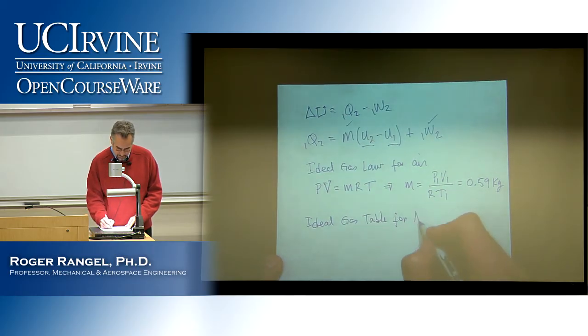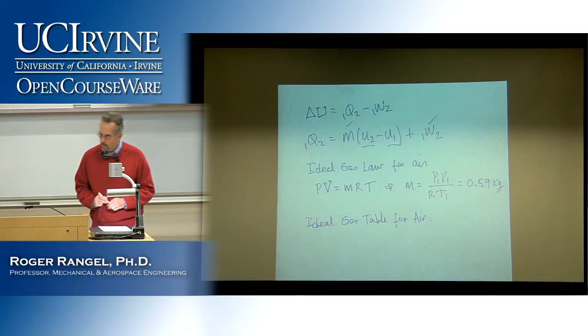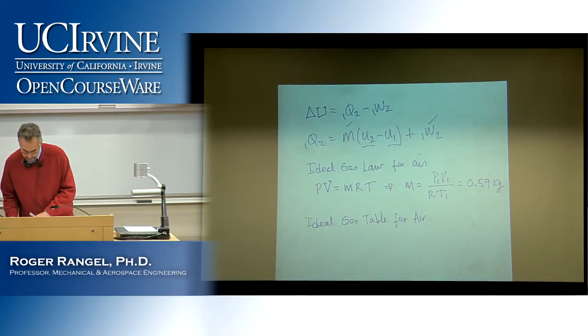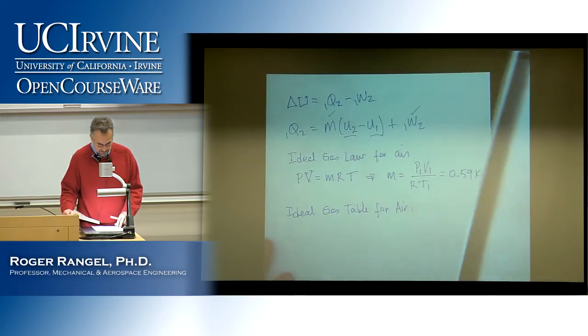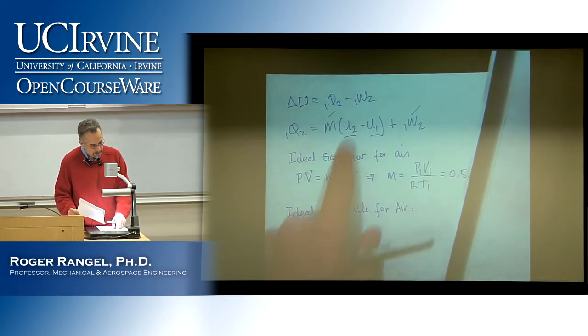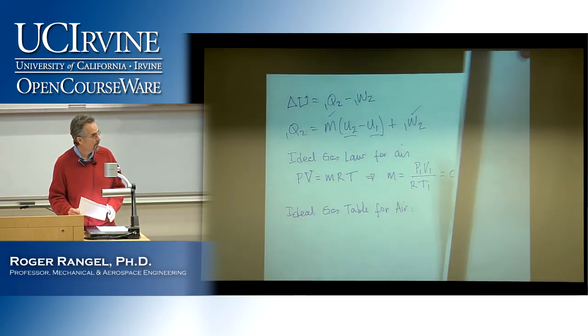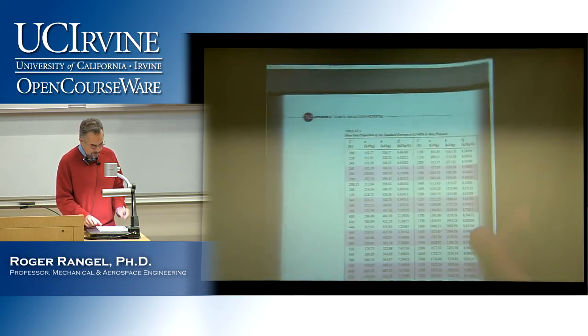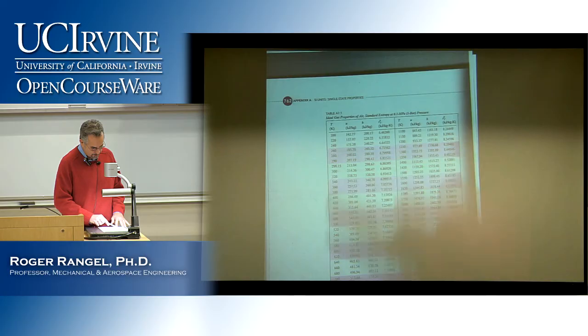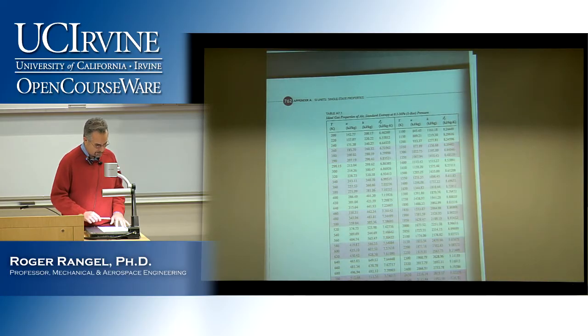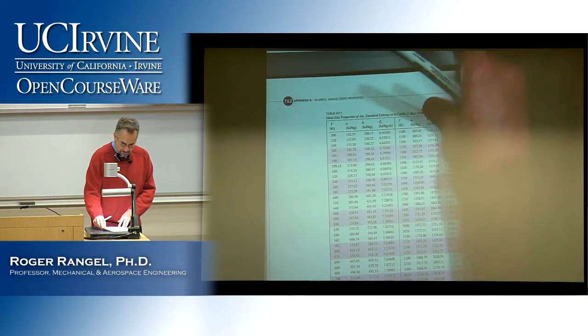Ideal gas table for air, which allows me to read, remember, what is interesting about ideal gases is that the internal energy is only a function of temperature. So if I go to the table, it looks like that. We saw it last time. I have temperature entries, internal energies, enthalpies. So I need the internal energy.